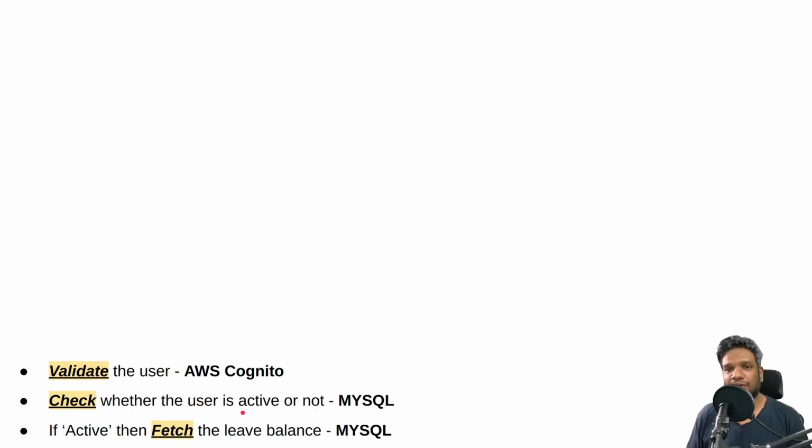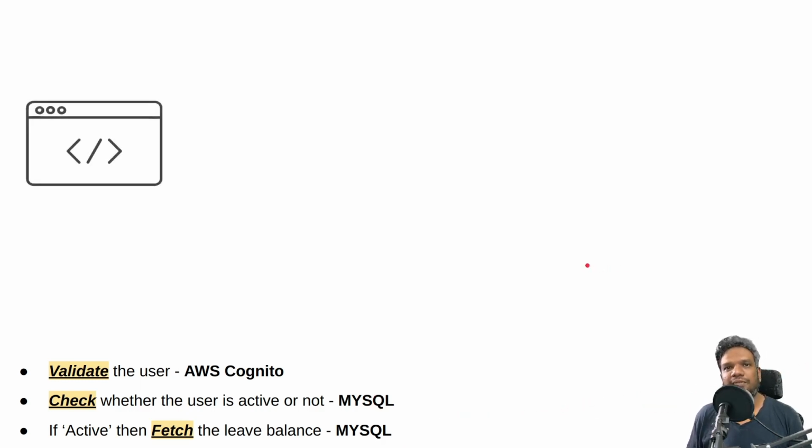If he's active, I'm going to fetch his leave balance. There is a table in MySql called leaves, wherein we store all the users' leave balance, or you can say the employee's data. So this is the hypothetical technical requirement that we're going to solve using callbacks, then promises, then async await.